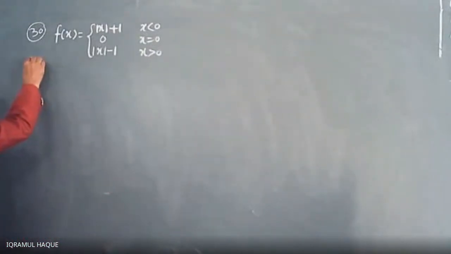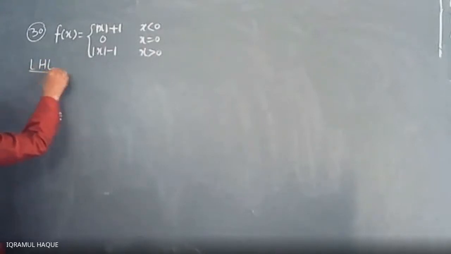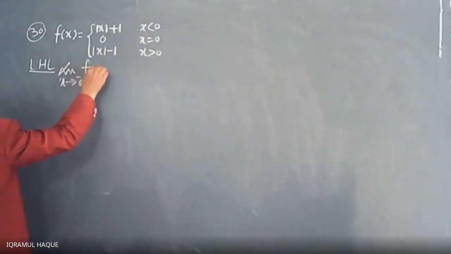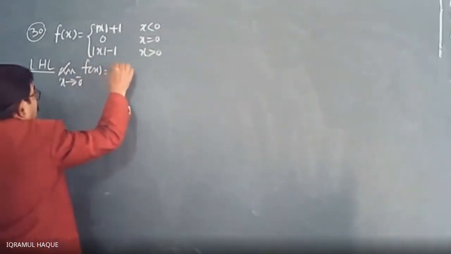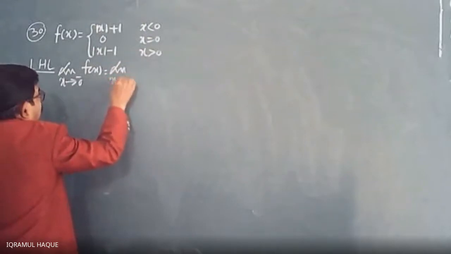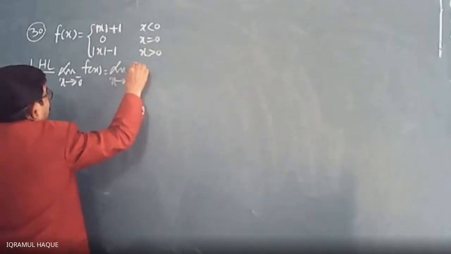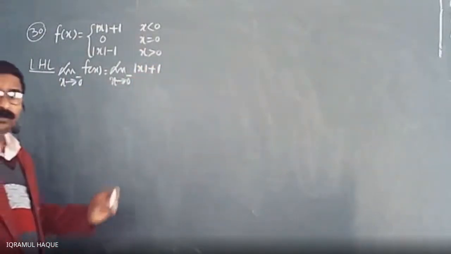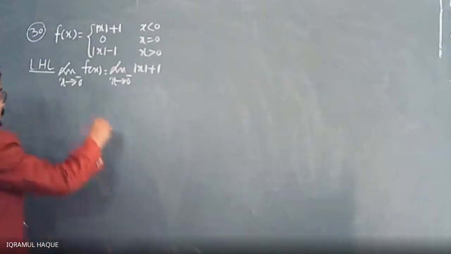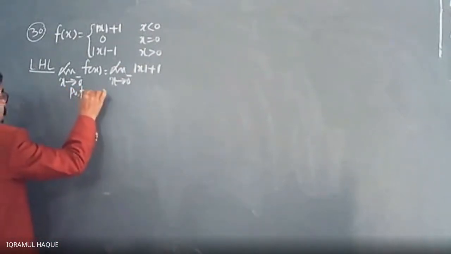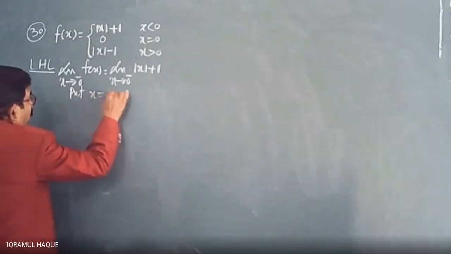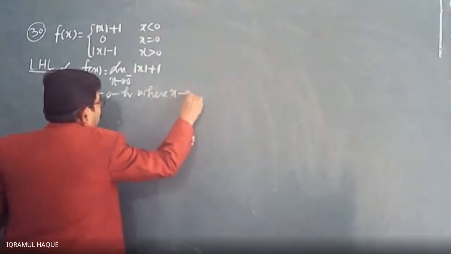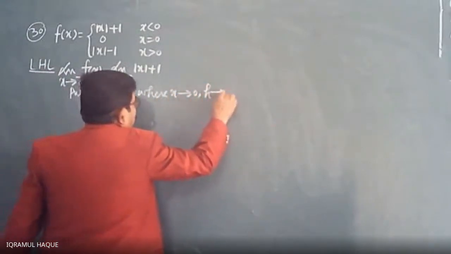See, LHL: limit as x tends to 0 minus of f(x) is equal to limit as x tends to 0 minus of mod of x plus 1. You can put the direct value or you can change the limit also. Like for LHL, put x equal to 0 minus h, where x tends to 0 and h tends to 0.